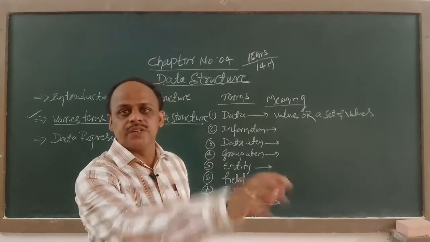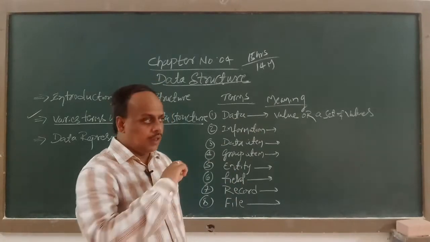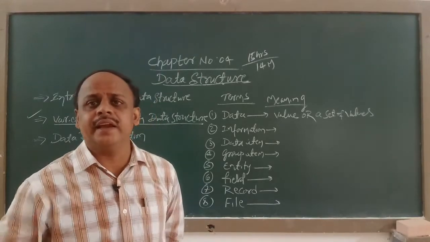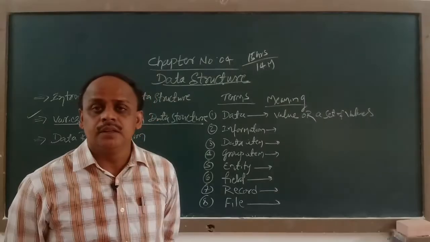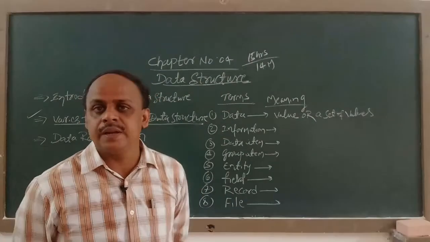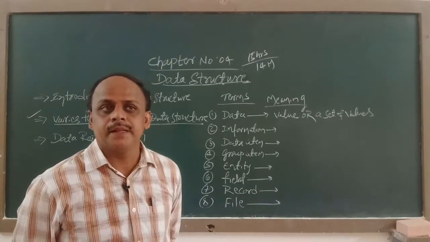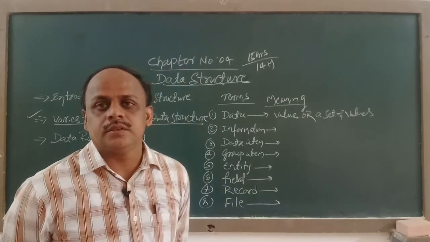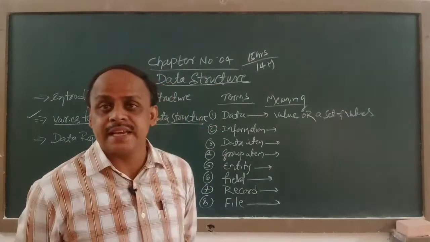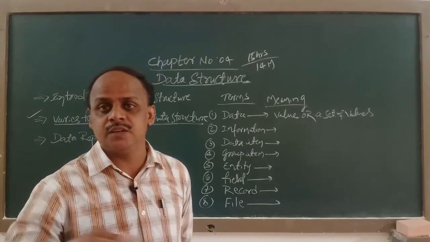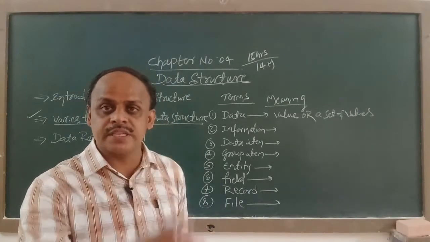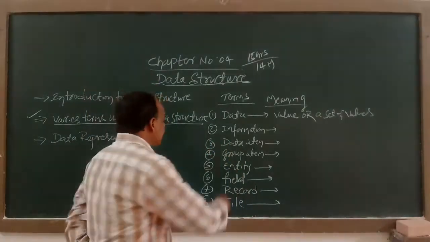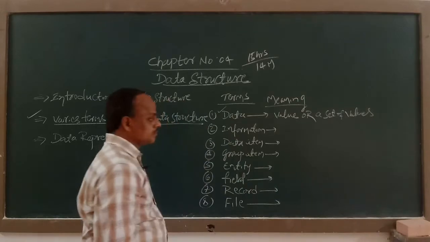For example, 25, or you can take a set of values like 5, 10, 15, 20, 17. A group of values is considered as data.